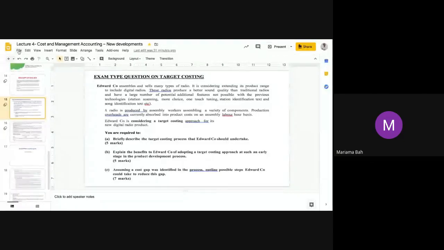We also learned that target costing is a management technique. It's a technique that management uses to determine cost by the market condition.